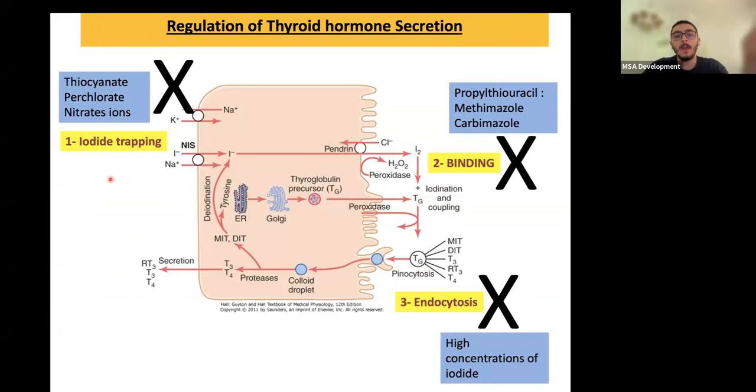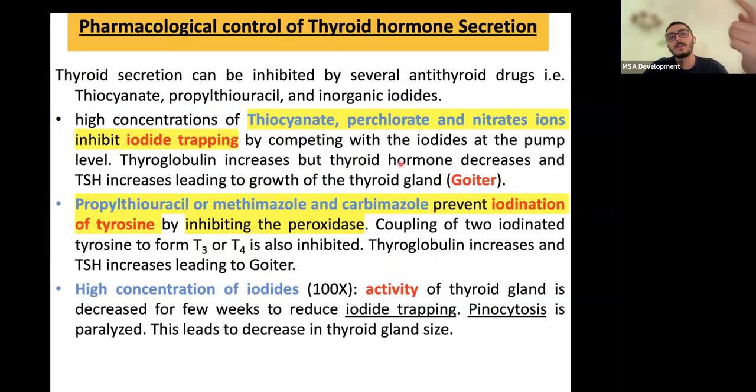Thyroid stimulating hormone will keep on stimulating the thyroid gland until it grows, because remember, one of the functions of TSH is increasing the size and activity and changing the shape of the thyroid gland. So TSH is being secreted continuously because there is no T3 or T4 to negatively inhibit it. Why? Because in the first place we don't have iodine. So the continuous stimulation from TSH will increase the size of the thyroid gland, and this increase in size is called goiter.